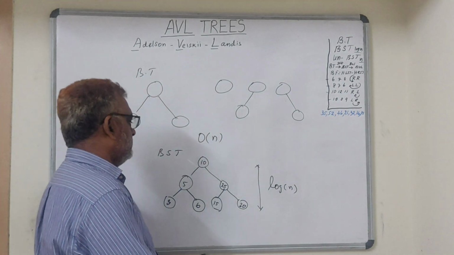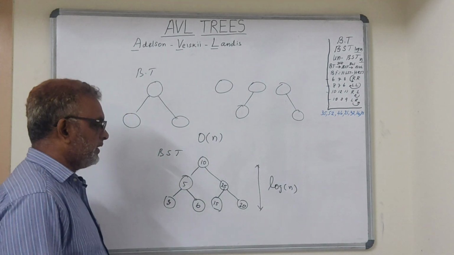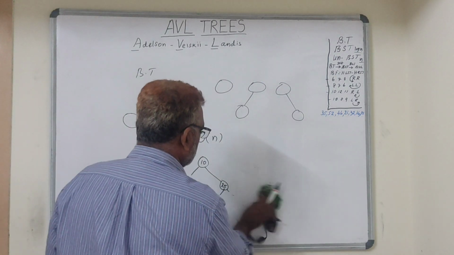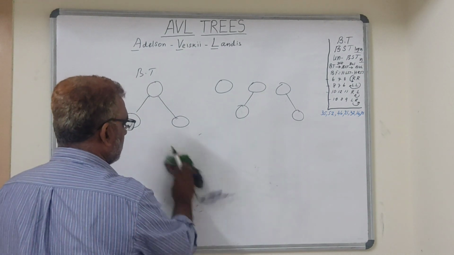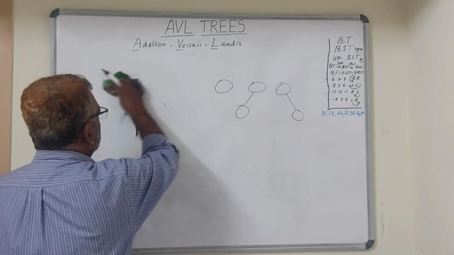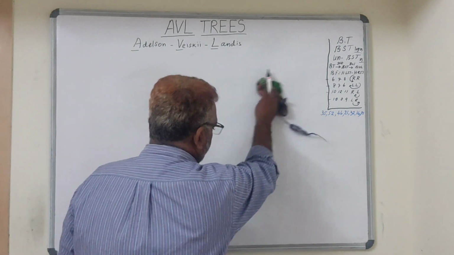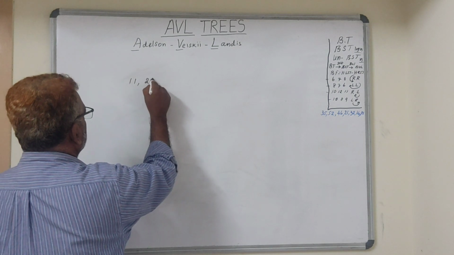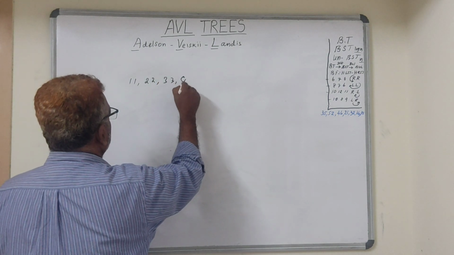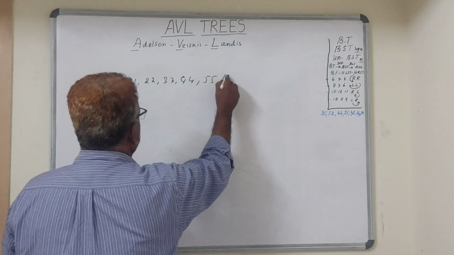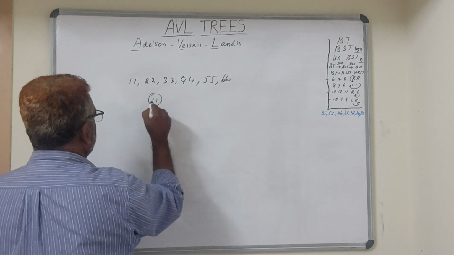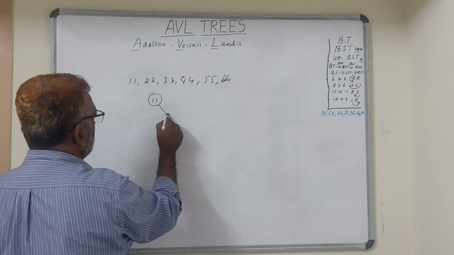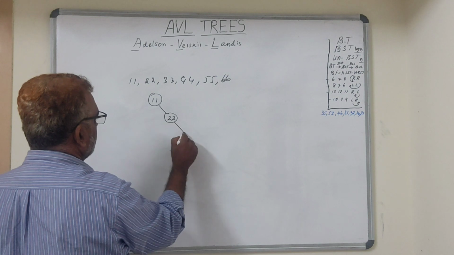Again, there is a problem in the case of the binary search tree. Let us consider if you have the data in ascending order or in descending order, that will lead to left or right skewed trees. For example, you have data in increasing order: 11, 22, 33, 44, 55, 66. The next value is greater than the root node, so automatically it goes to the right-hand side.